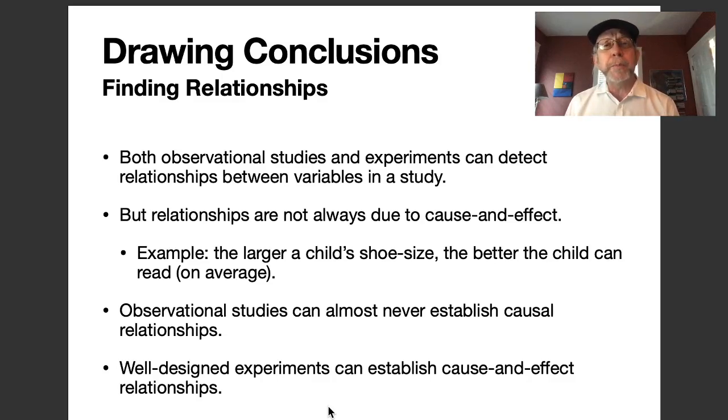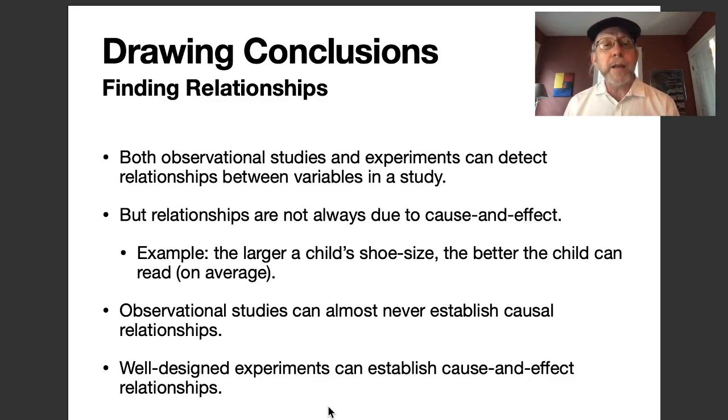Sometimes a relationship can exist, but it's not really a cause and effect relationship because some other variable is affecting the characteristics that we're looking at. What we're really after in most studies is cause and effect relationships. And it's an unfortunate fact that observational studies can almost never establish firmly a cause and effect relationship.